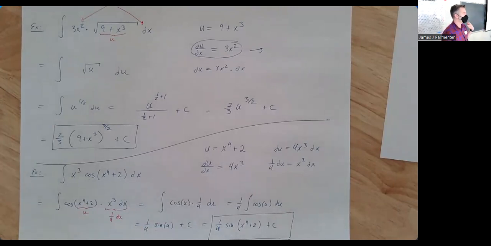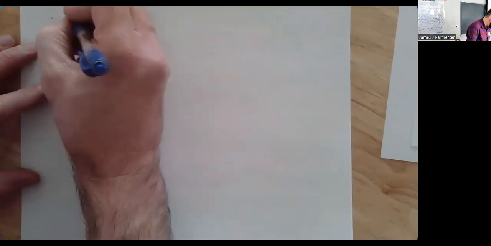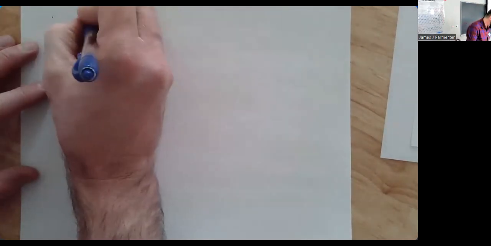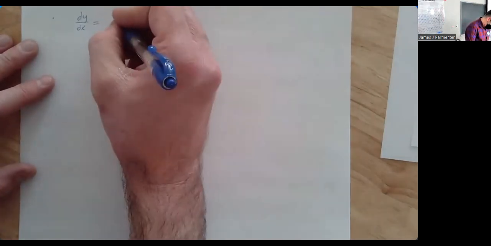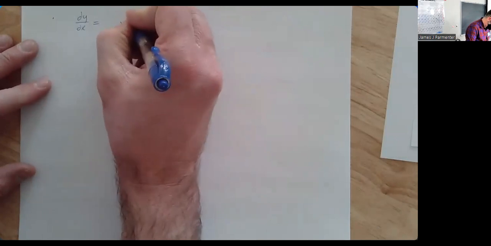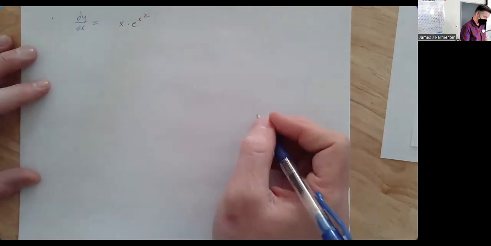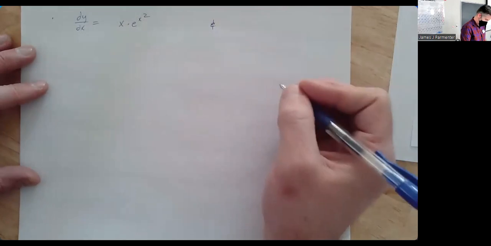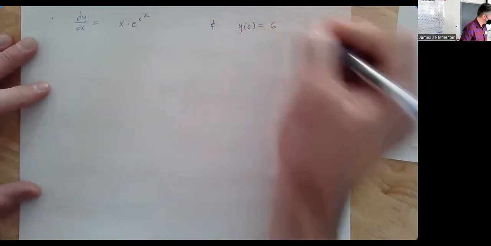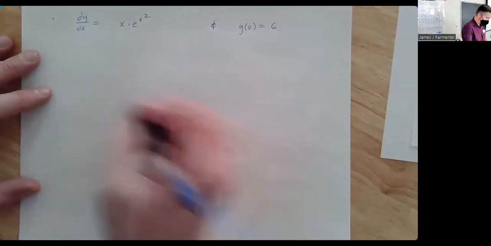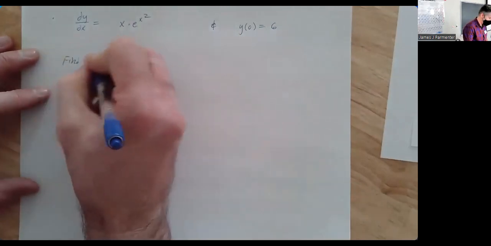Sometimes that's more of a differential equation kind of thing, where someone could say dy dx is equal to, let's think of something that's not too terrible, James, let's do x times e to the x squared, and also y of 0 is equal to 6. Find y as a function of x.